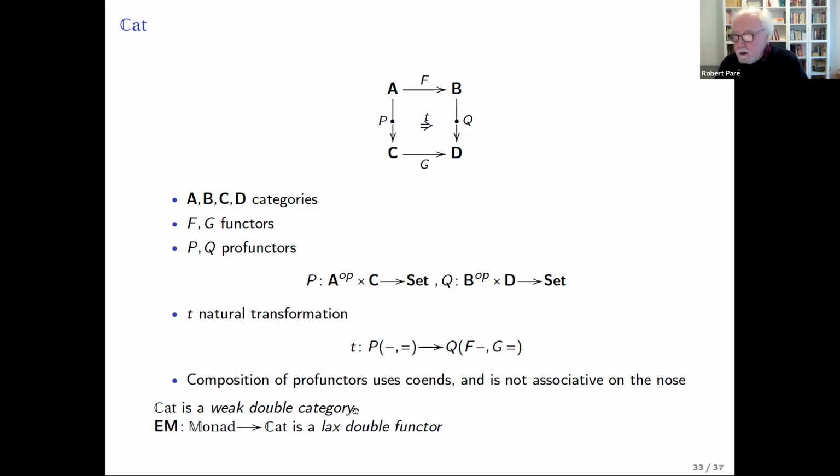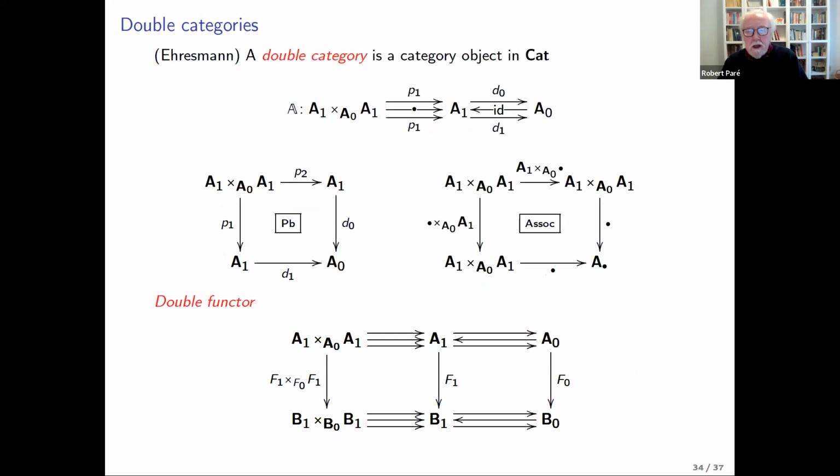Possibly when I defined double category for you, you were thinking, oh, those vertical arrows should not be composing to give you a category. Well, now we're changing our story a little bit here. Cat is a weak double category, and in fact, EM is not a weak double functor, it's a lax double functor. So let's go back to our definition of double category here.